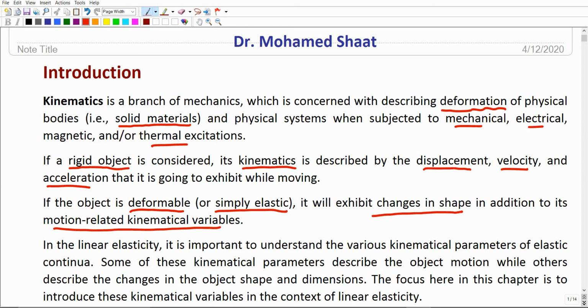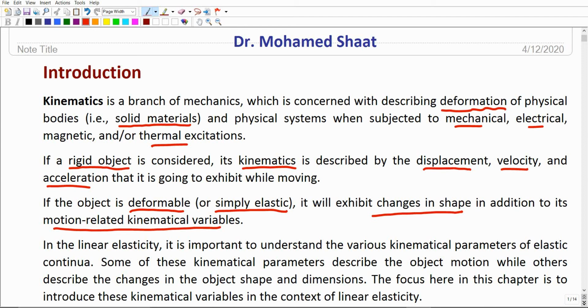It means it would change its shape or size upon some external excitation or external forces. So this is also a deformable object, and the change in shape, in addition to the motion, is another type of kinematical parameter that describes how much of a change this object is going to experience because of the external force.